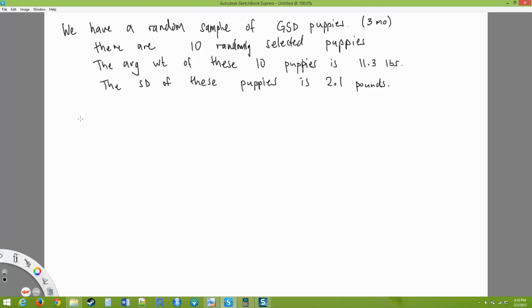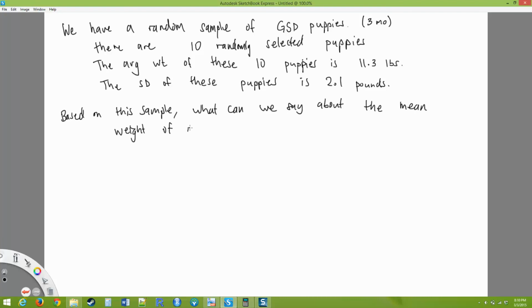Okay, so we want to know, based on this sample, what can we say about the mean weight of all German Shepherd puppies 3 months old?